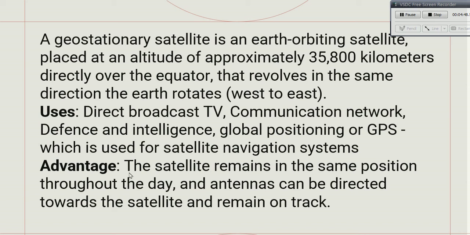The advantage is that the satellite remains in the same position throughout the day, and the antenna can be directed towards the satellite and remain on track. Your Tata Sky Dish TV antenna is actually pointing towards the geostationary satellite, that broadcast satellite. Clear?